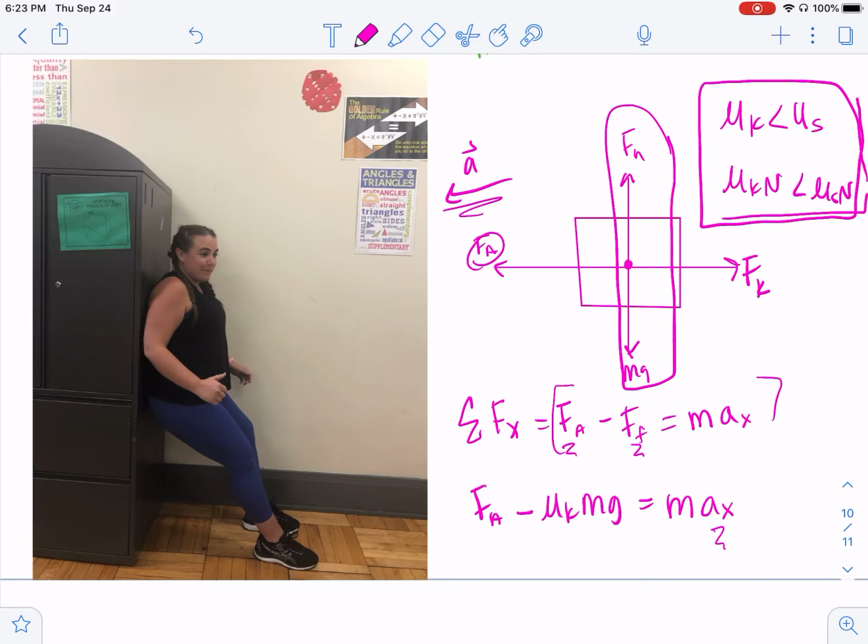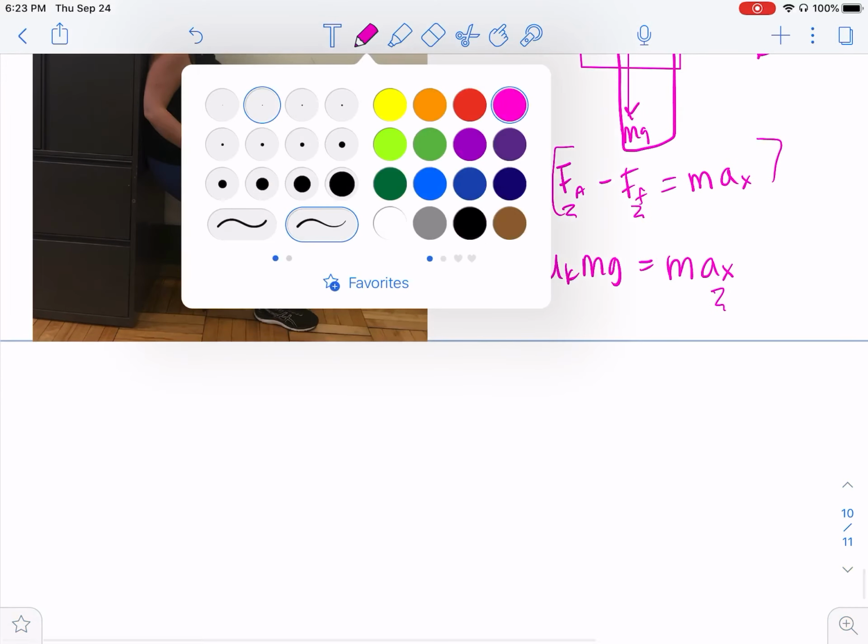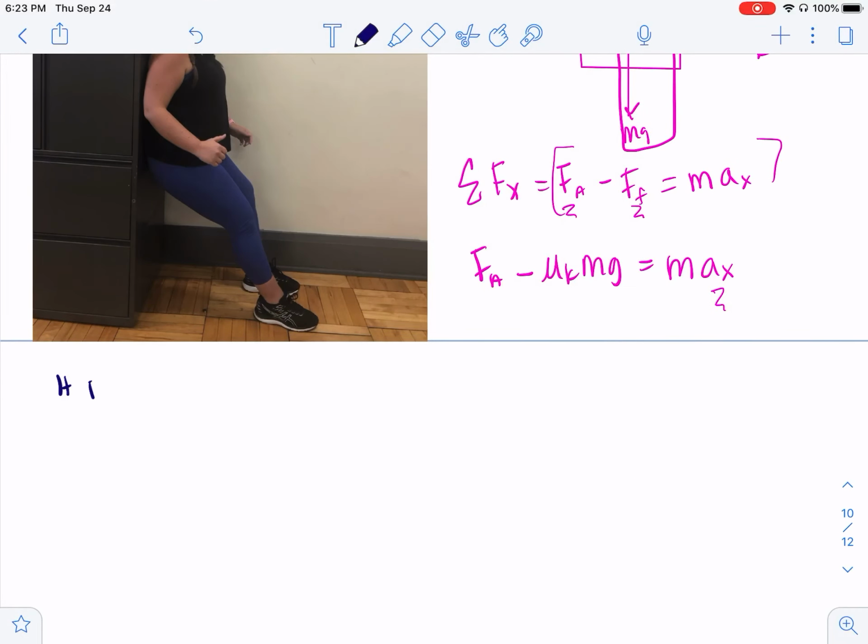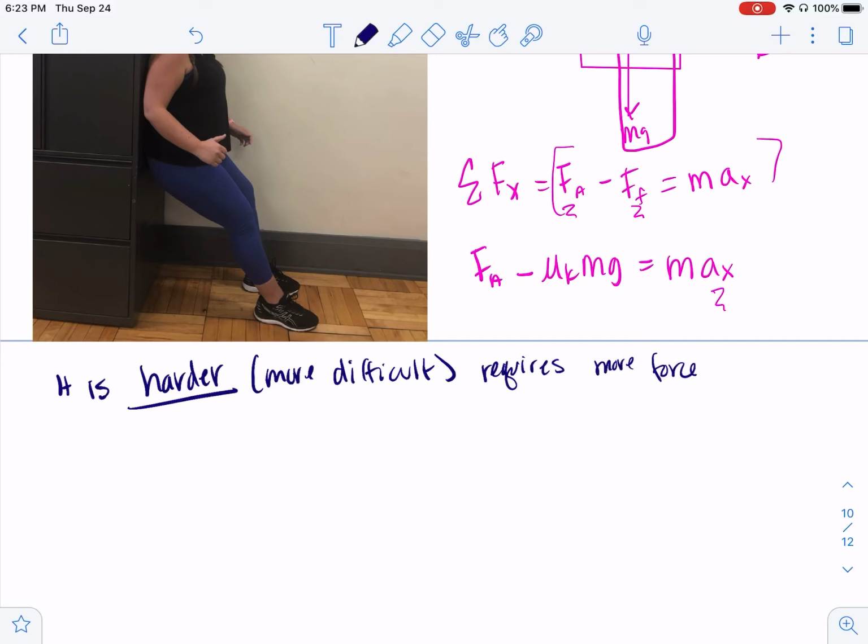So I guess end goal there, it is harder or more difficult, or even requires more force to set an object in motion, so something that's starting from rest and putting it into motion, than to keep moving.